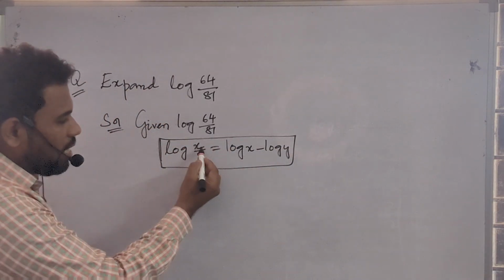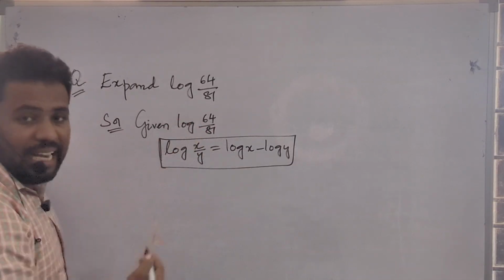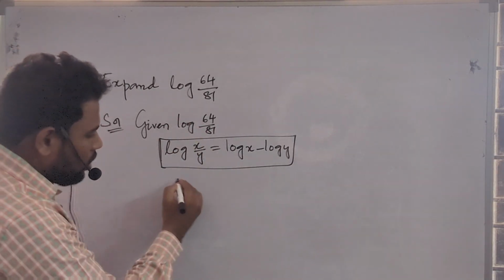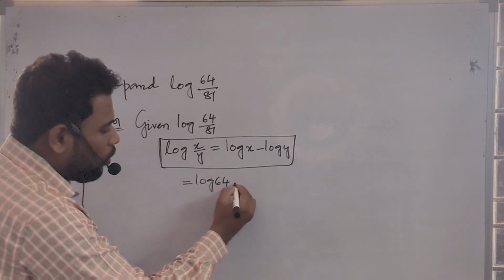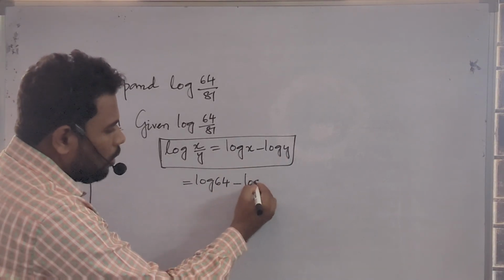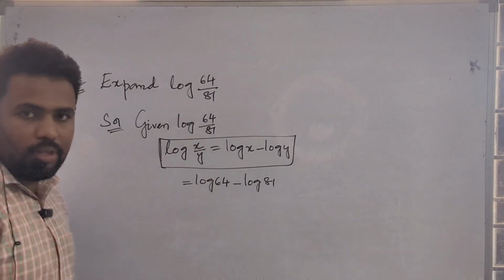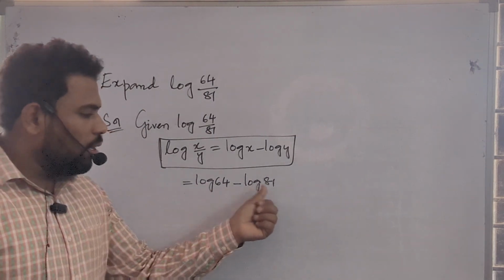What is the value of x? x is 64, y is 81. So let us write here log 64 minus log 81.